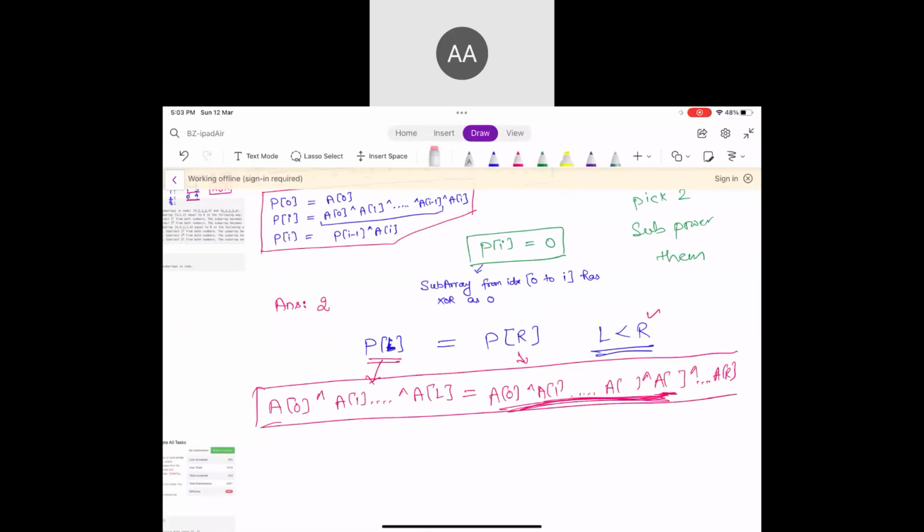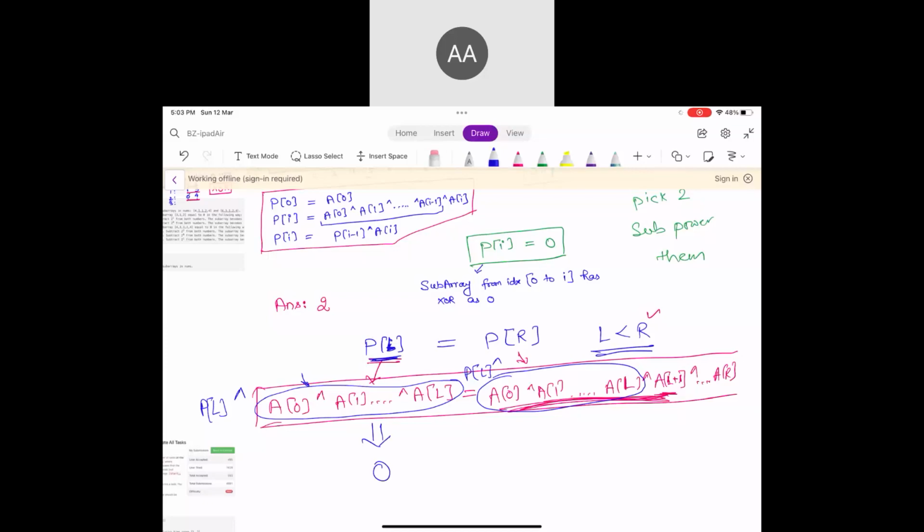That means the prefix of L will come on the way to the prefix of R. Now, if I XOR this entire value on both sides, if I call this value PL, and do PL XOR here and PL XOR here, the left side will reduce to 0.